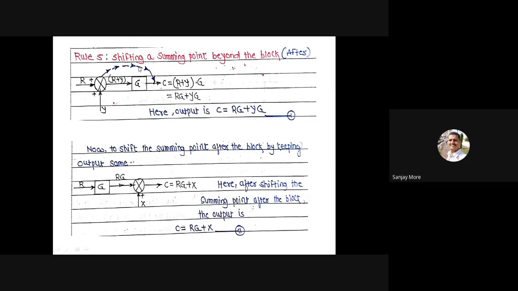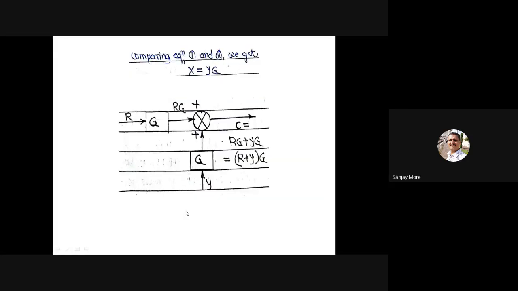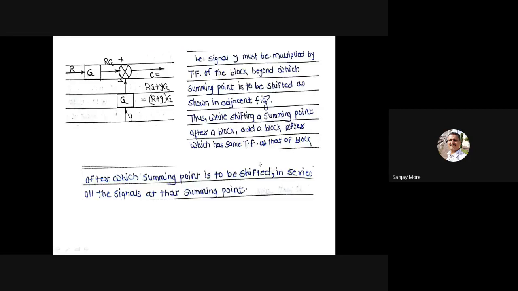Then this summing point is shifted here, after the block, meaning C is equal to RG plus X. Before shifting the summing point C is equal to RG plus YG, and after shifting C is equal to RG plus X. Comparing 1 and 2, X is equal to YG, so C is equal to R plus Y into G.